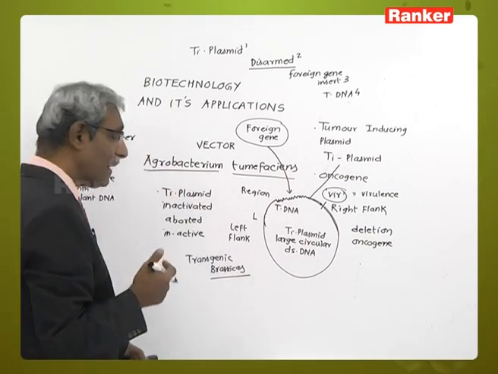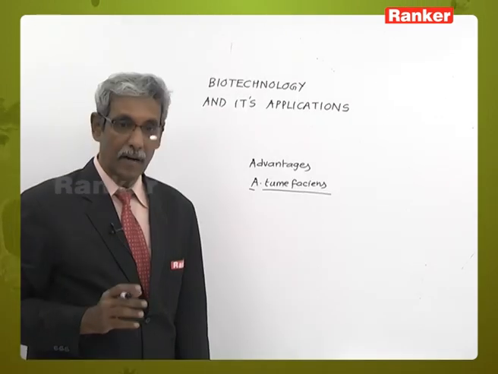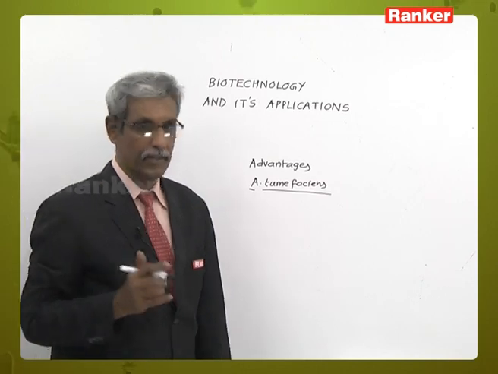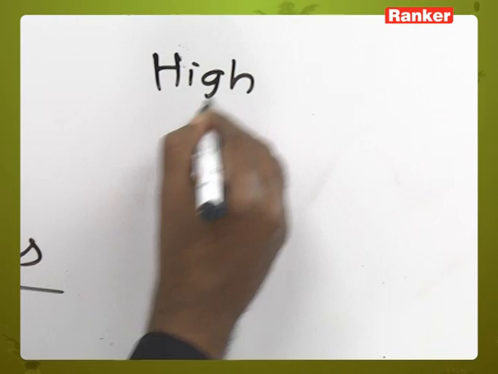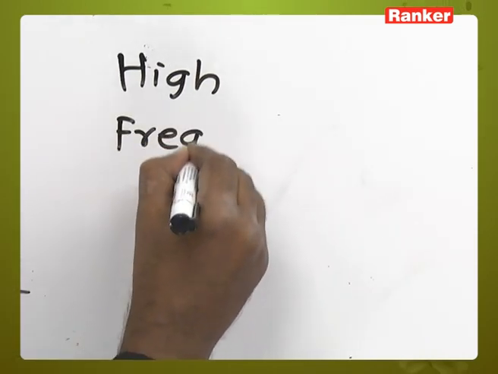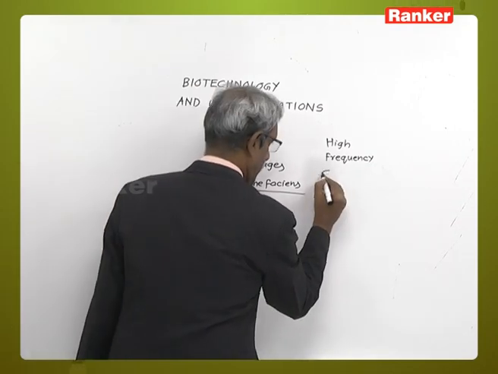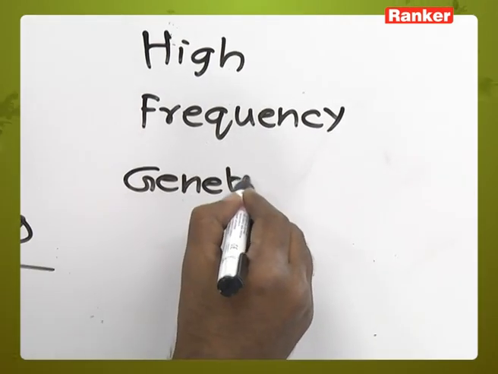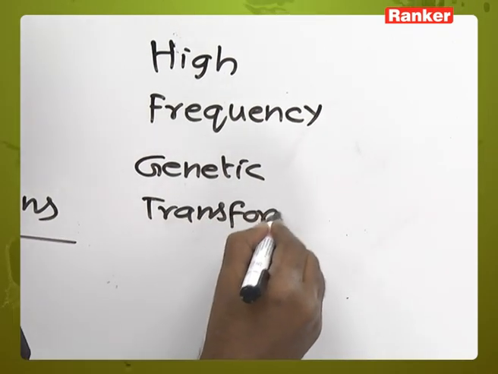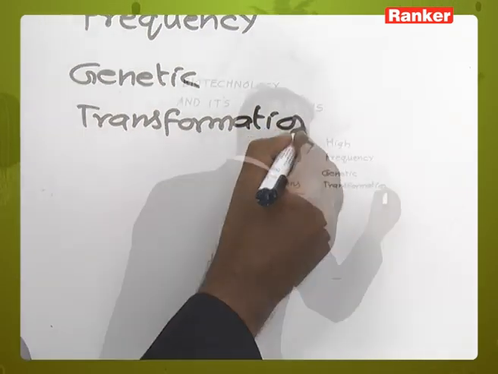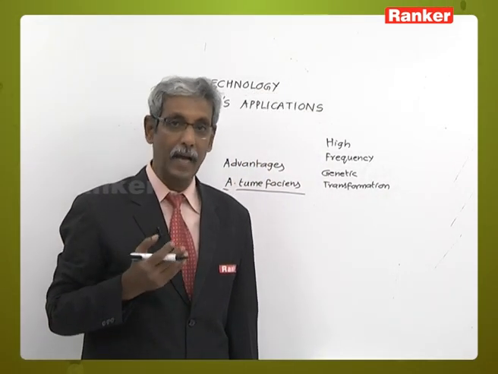Now, what exactly are the advantages of Agrobacterium tumefaciens? It shows high frequency genetic transformation. It means the number of cells which have been genetically transformed is very high.